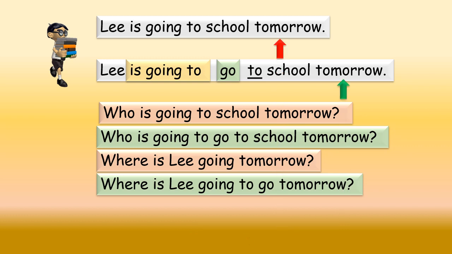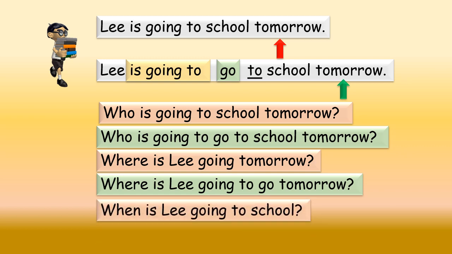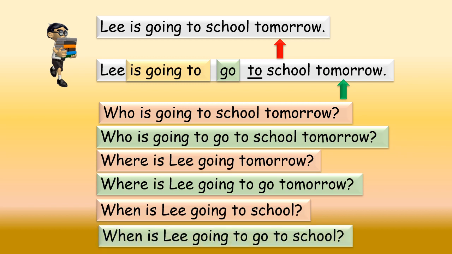The red arrow, the question? When is Lee going to school? The green arrow? When is Lee going to go to school?